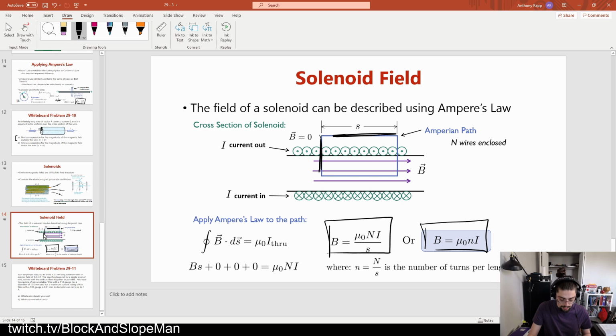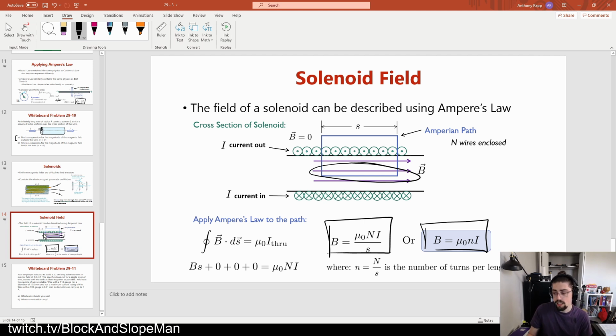The only part that actually matters is this part right here. So that's B times S, and nothing else, is equal to mu naught times the number of wires that we have with current going through them.